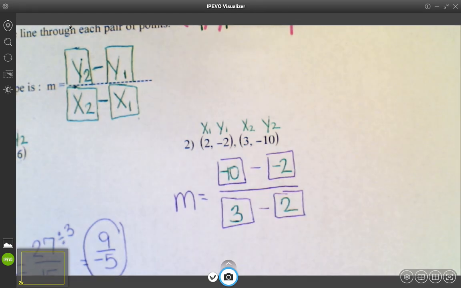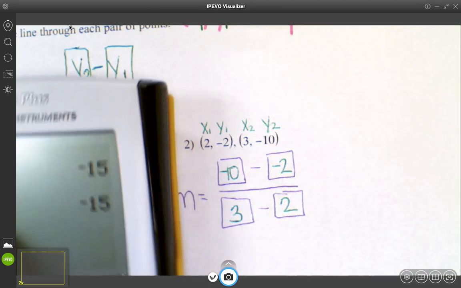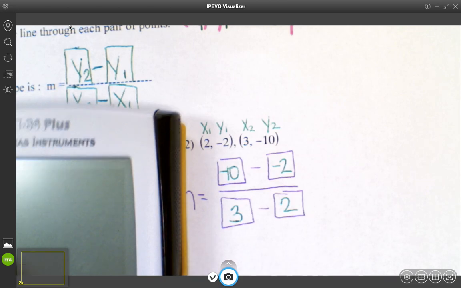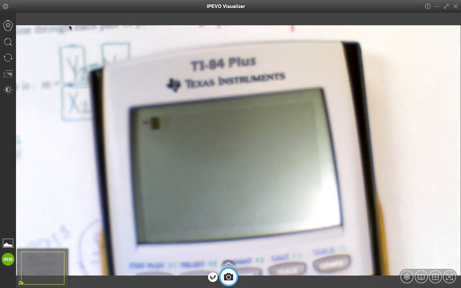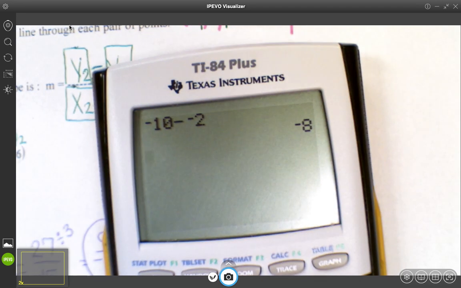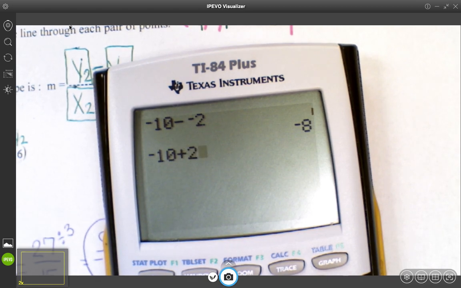So we plugged in our numbers, and now we're ready to simplify. So my first thing that I'm going to calculate is negative 10 minus negative 2, which is negative 8, or two negatives also means plus 2, so it ends up being negative 8 either way.